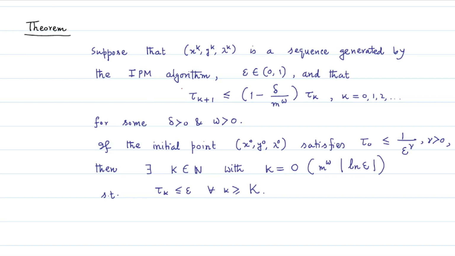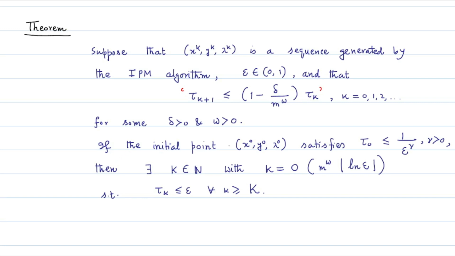That if your tau k satisfies this inequation, now you notice that this inequation satisfaction is in our hands, that you take sigma k in such a manner that in the next iteration you have tau k plus 1 less than or equal to this. Fine. So that's why the sigma k factor was introduced.